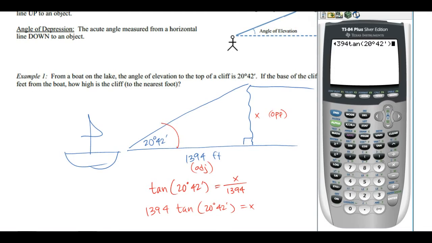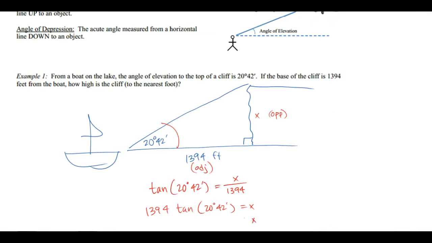And I better do one quick check to make sure I'm in radians mode, so I'll hit mode, and I am in degree mode, so life is good, and we should have our height of the cliff. It says round it to the nearest foot, so 526.7 is going to change to 527 feet, and we can now confidently say that the cliff is 527 feet high.